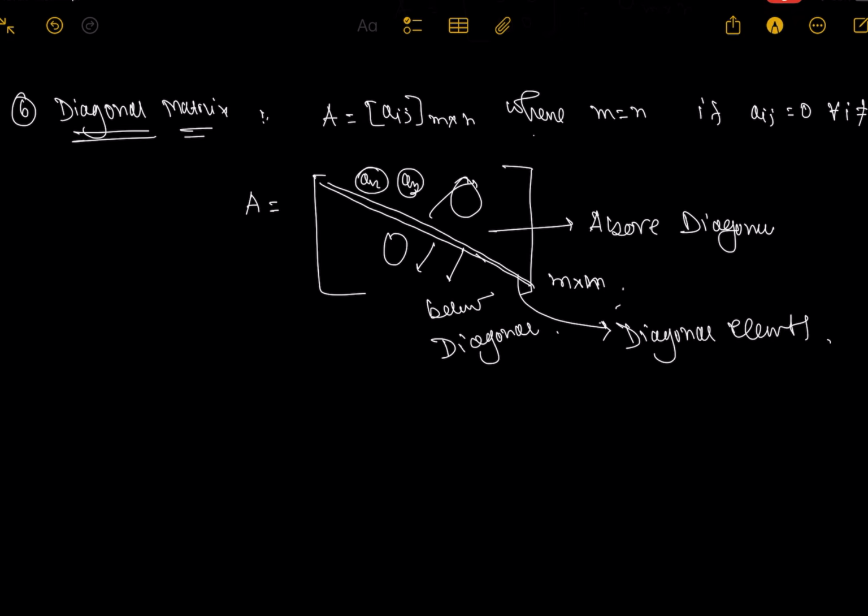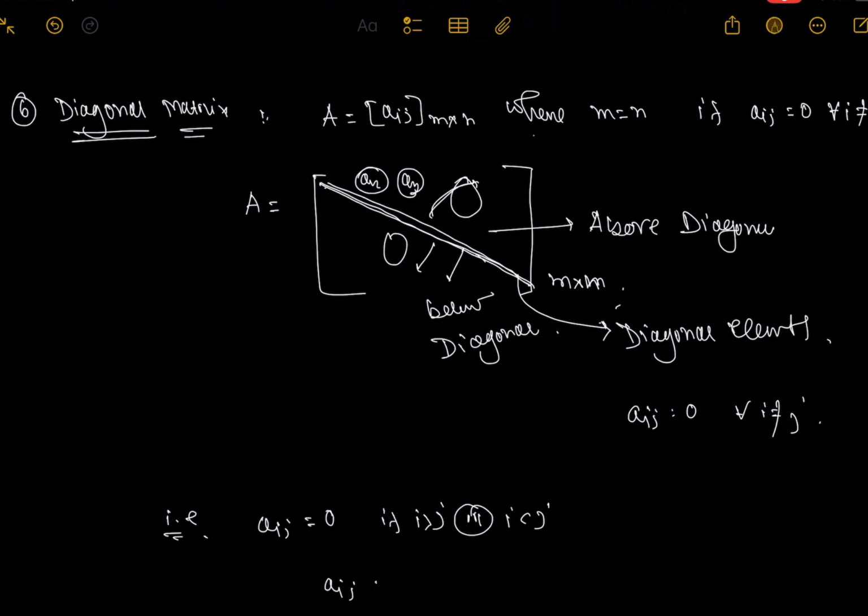You should remember that for a diagonal matrix, there is no restriction on the diagonal elements, but above the diagonal and below the diagonal we have a restriction, which is Aij equals 0 for all i not equal to j. This implies that Aij equals 0 if i greater than j, or i less than j.